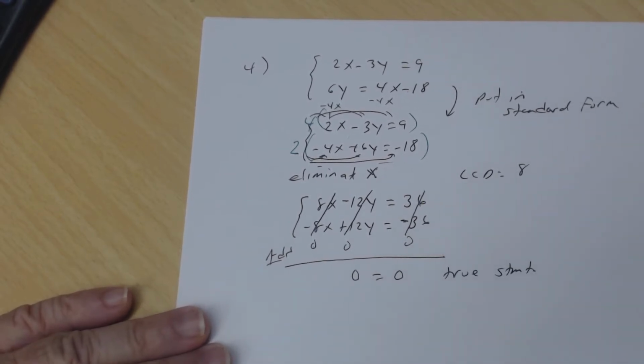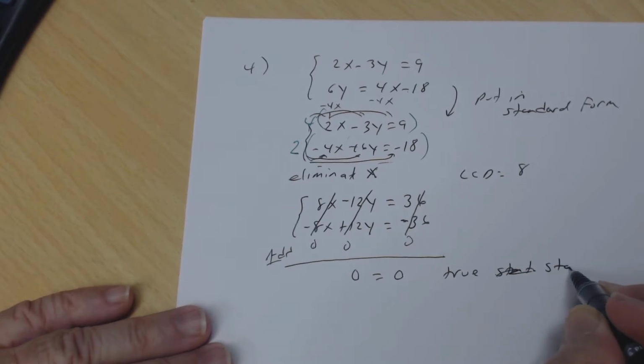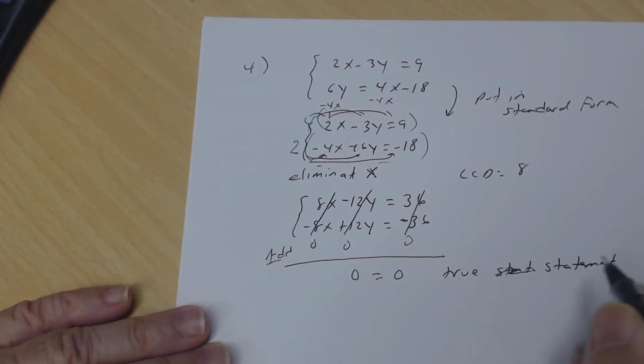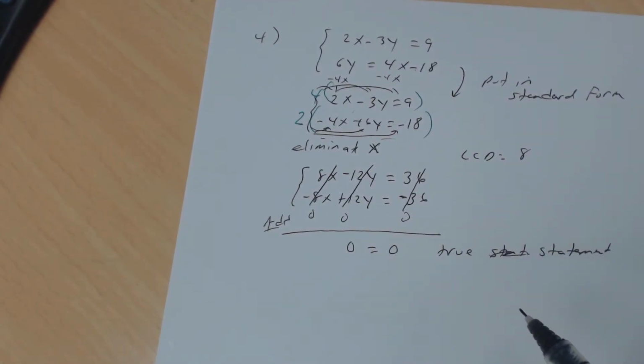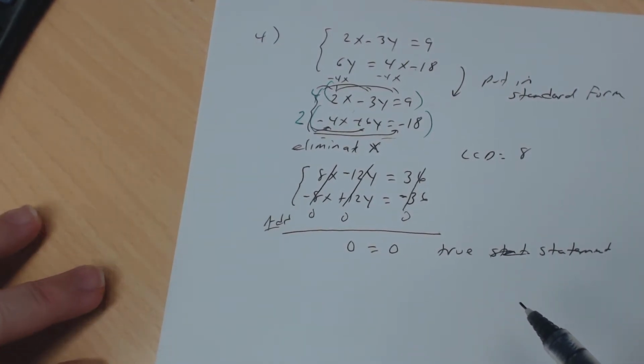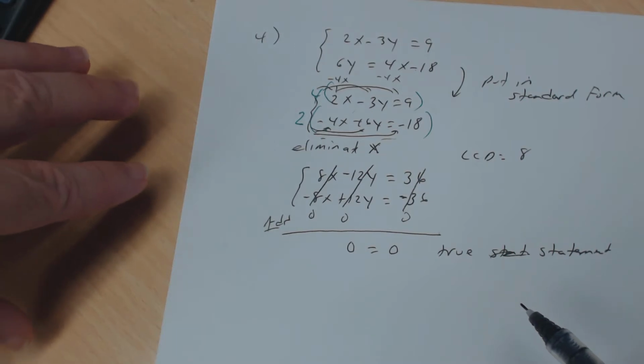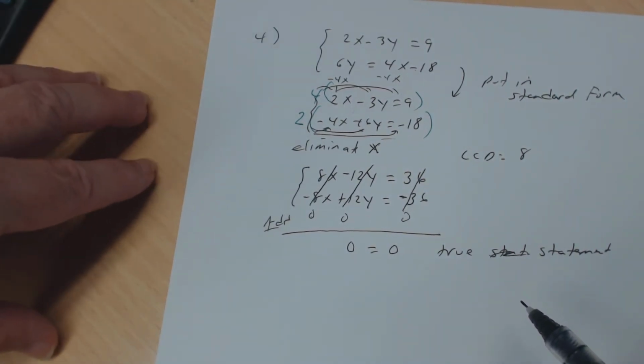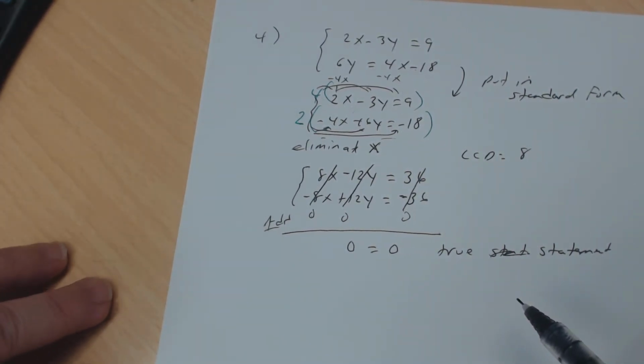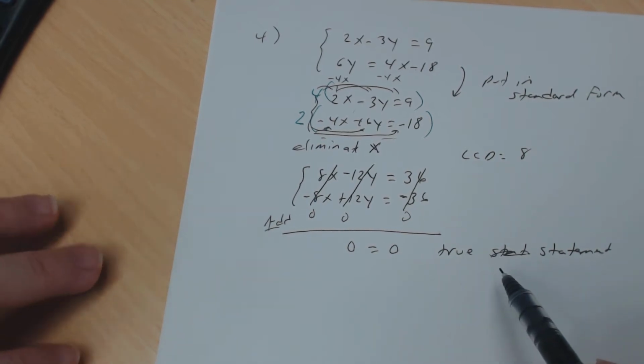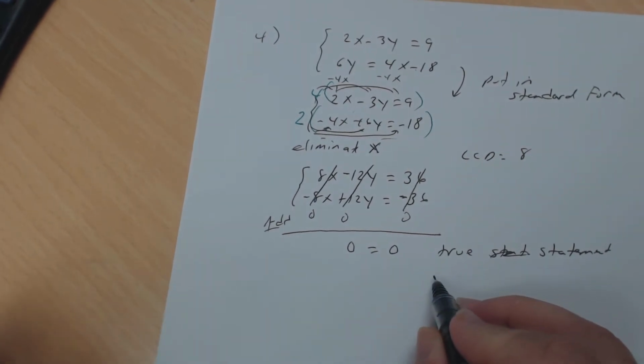True statement versus false statement. And so what that means is this: since the variable disappeared, going back to a lesson we learned earlier, if a variable disappears, you either get no solution or you get an infinite number of solutions. Okay? So a true statement is where you get an infinite number of solutions. So there's an infinite number of solutions.